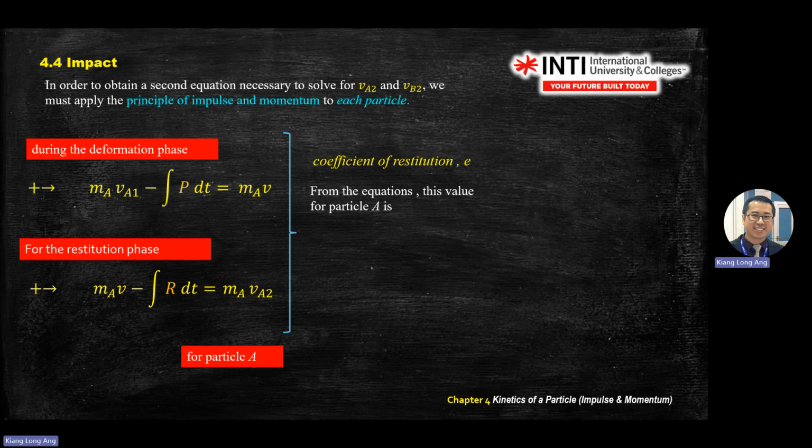During restitution, you get one equation. You take these because we are looking at individual bodies or particles. When you take the information of deformation and restitution, you can use one more equation, which is called the coefficient of restitution, e.